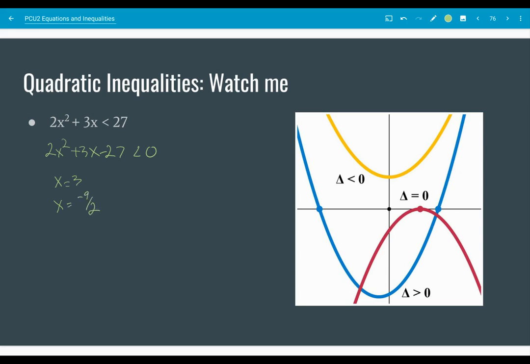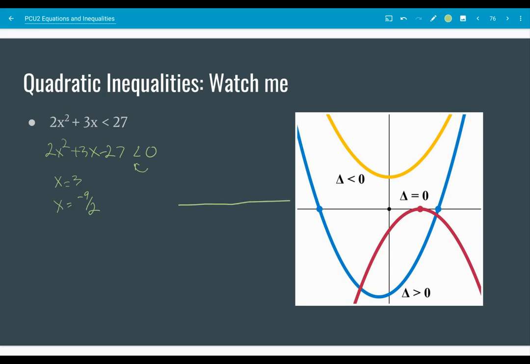Now, the other aspect of inequalities with quadratics is that there is no way to know definitively how the inequality symbol should go from the math. Easiest way is to guess and check. We have these two solutions, 3 and negative 9/2.